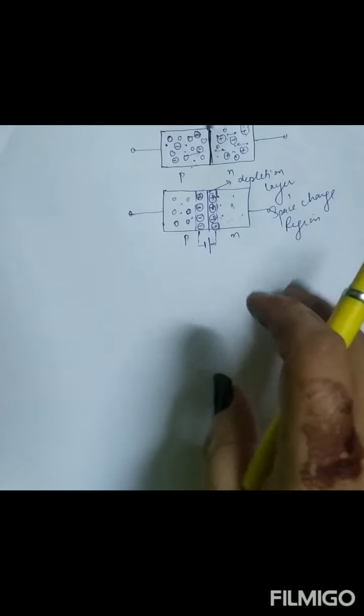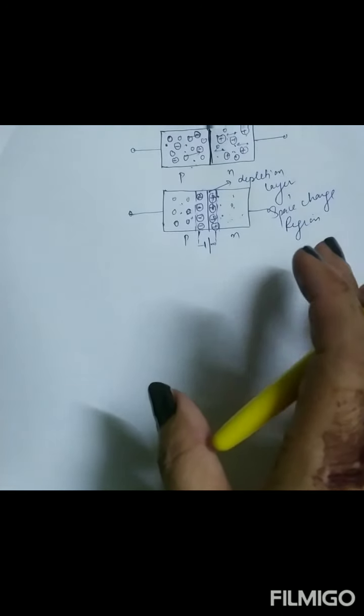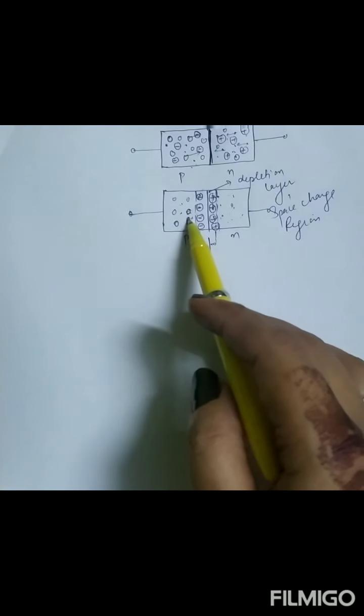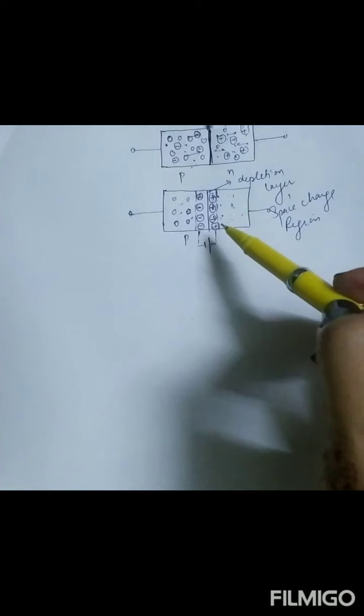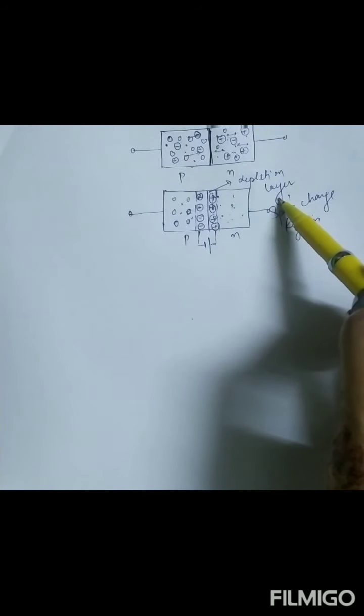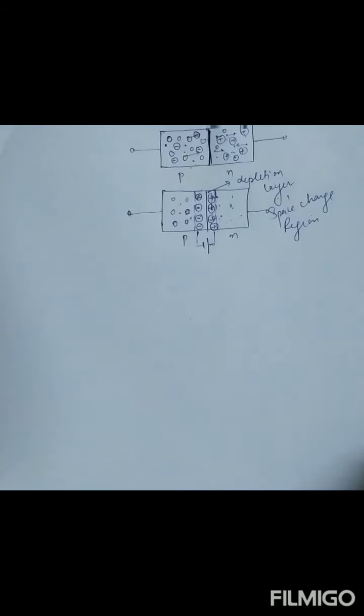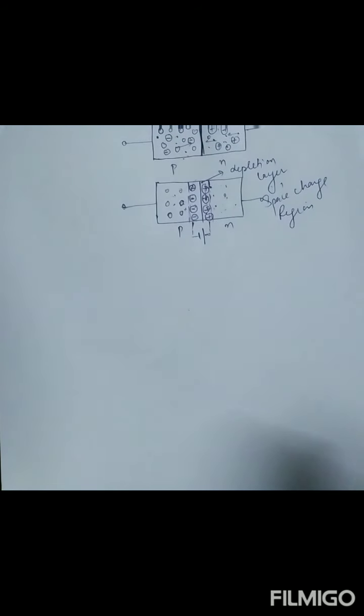Okay, so this is just a normal p-n junction, in which there is a p-type semiconductor on one side, n-type on the other side, and in the center there is a depletion layer. Clear? This is a p-n junction. When nothing is connected across the junction, it is unbiased, means you have not connected any battery across it.